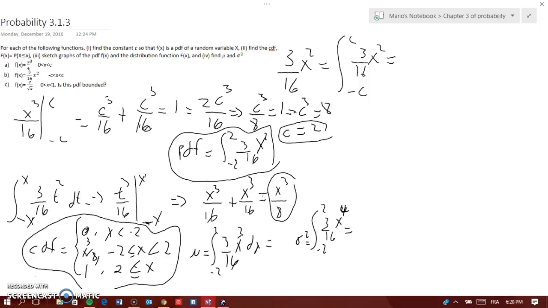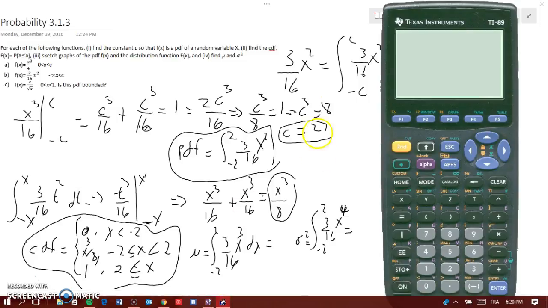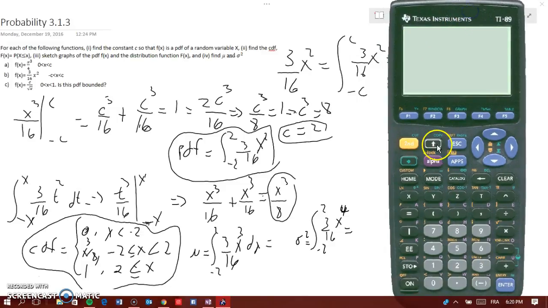So how are we going to graph this now? Let me pull up my calculator here. We are going to click on that green button and F1 and type in the PDF, which is 3 over 16.